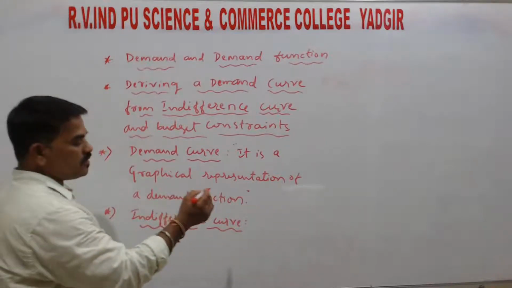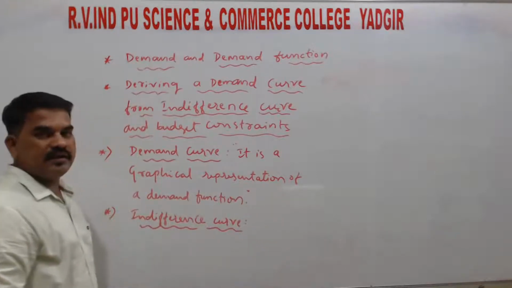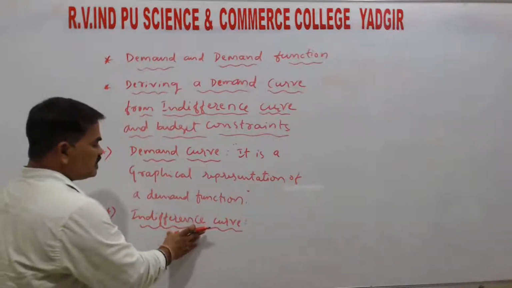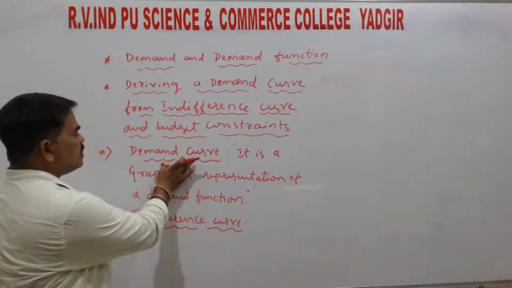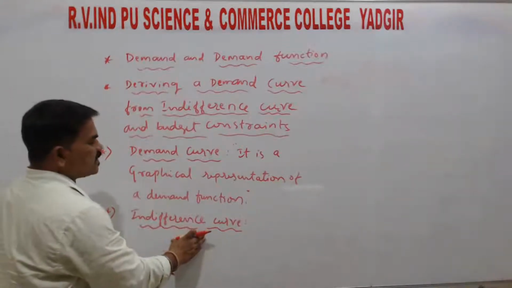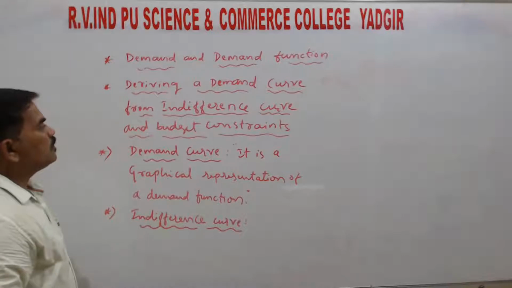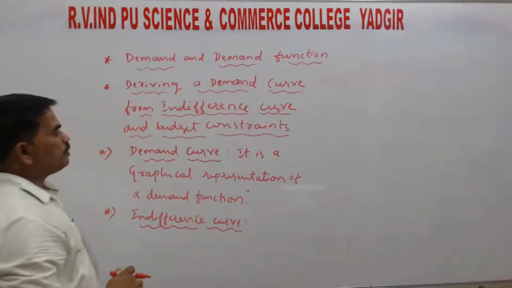And if we join those bundles, we will get a curve. That curve we will call it as indifference curve. So we know this, and we have already discussed what do you mean by indifference curve and the demand curve as well. Now using this indifference curve, how we can derive this demand curve.